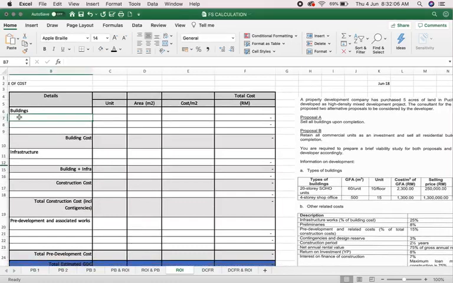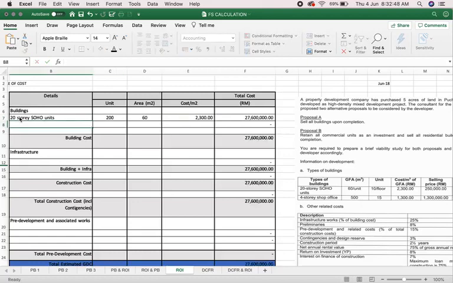Now let's look into the building. The 20-story Soho unit, which is 60 per unit, so 10 per floor, 60 meter square per unit, and 10 per floor, so 10 times 20, then we have 200 units. The area is 60 meter square, so the cost per GFA is 2,300.